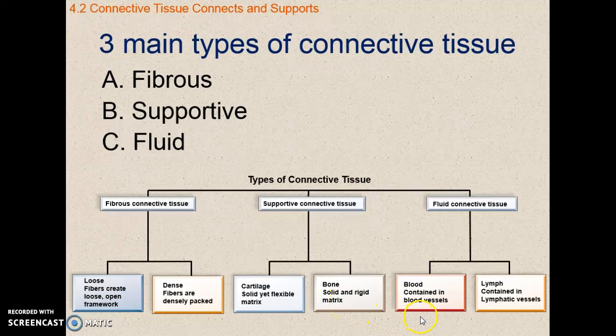All right, fluid connective tissue is blood, contained in blood vessels, lymph, contained in lymphatic vessels, which is a watery-like material. I find the fluid connective tissue to be intriguing simply in the idea of it. You probably wouldn't think of blood and lymph as a connective tissue because it's liquid. It's not solid.